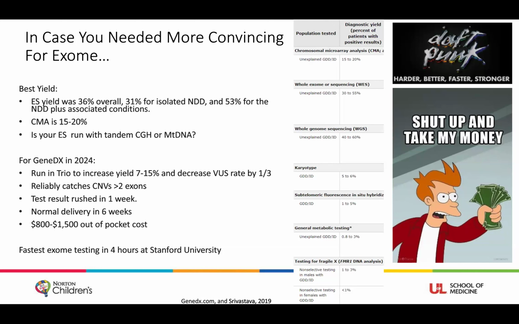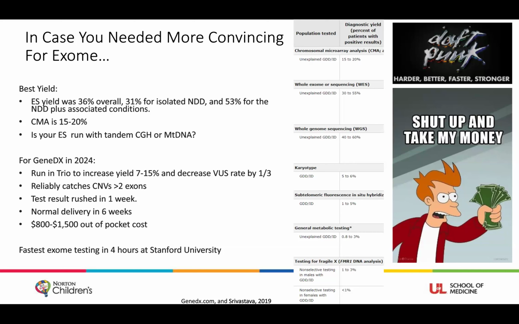It catches copy number variants of 2 or more exons. So remember, many exons make a protein, right? So it'll detect a DEL or a dupe in less than the size of a gene to make a protein. So it's a pretty good resolution CGH built into the exome. But you should know that before you order your test.